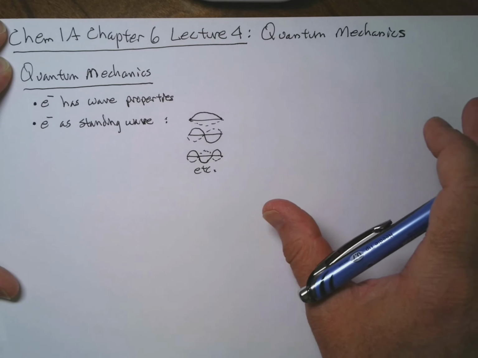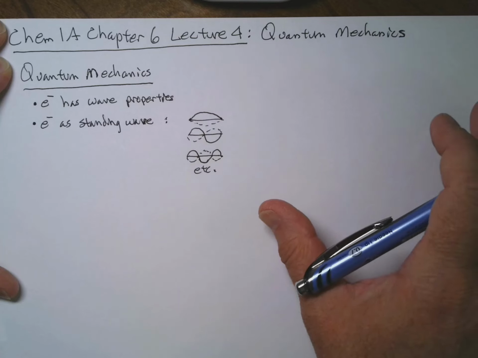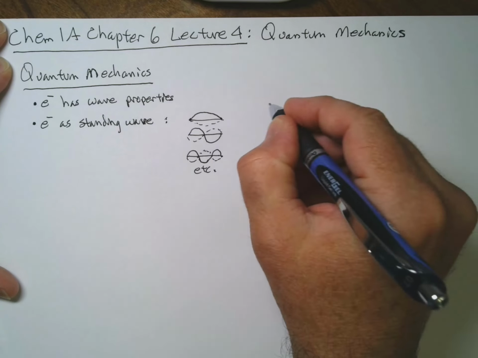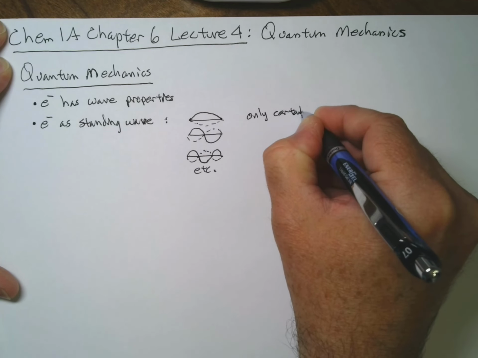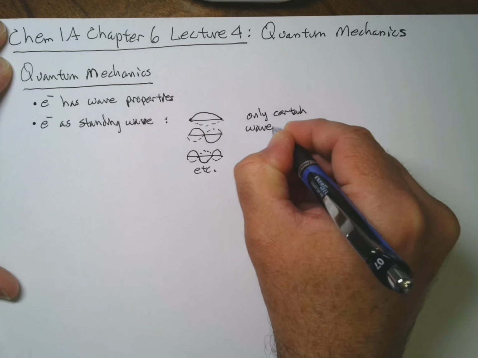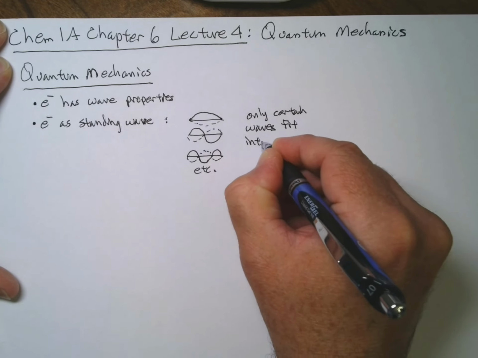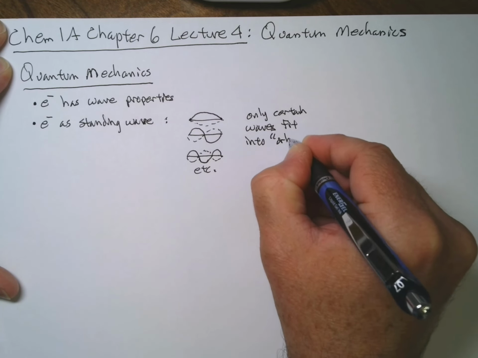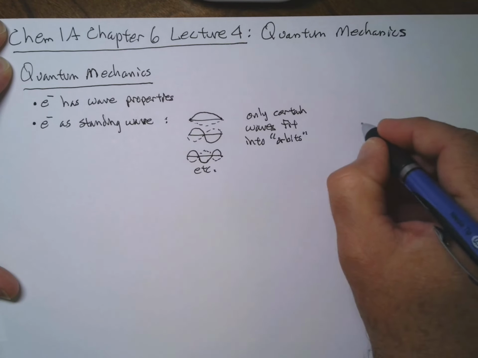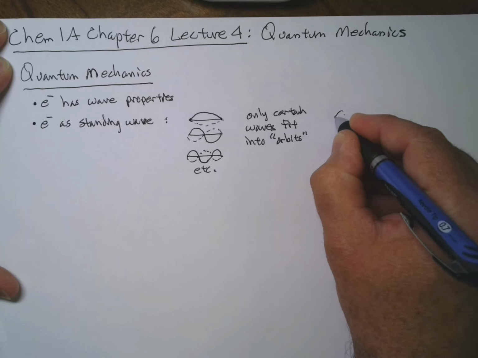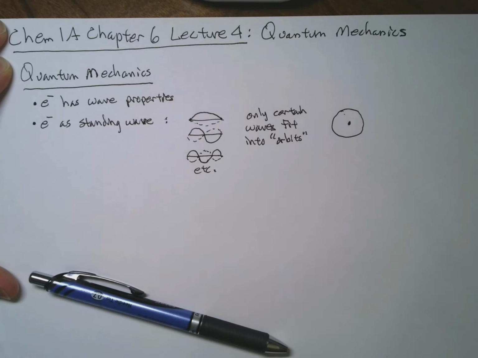And then in atoms, only certain waves can fit into a quote-unquote orbit. So if we had an atom, here's our atom, and then here's our wave.